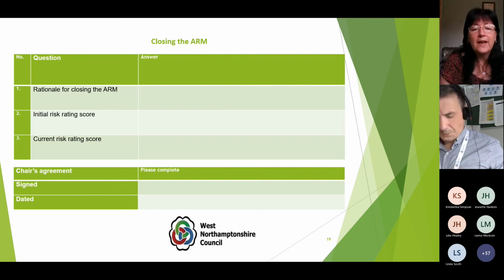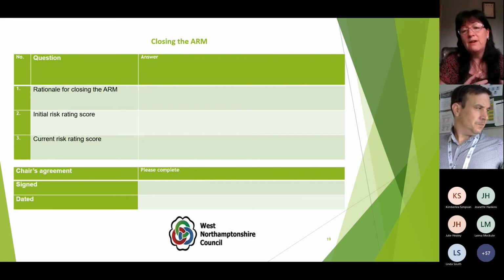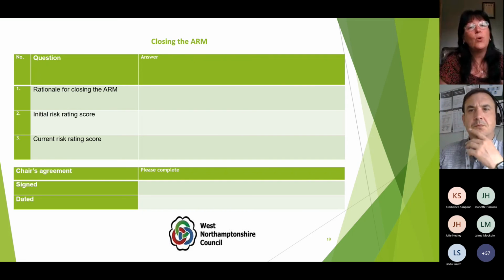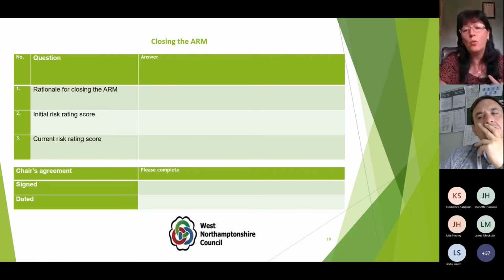So, closing an ARM. If during that meeting you are deciding that you're closing an ARM, then it is really important that you clarify the risk, what the initial risk rating score was and the current risk rating score, because obviously you as individuals will have, as I said, agreed that the risk may be reduced.